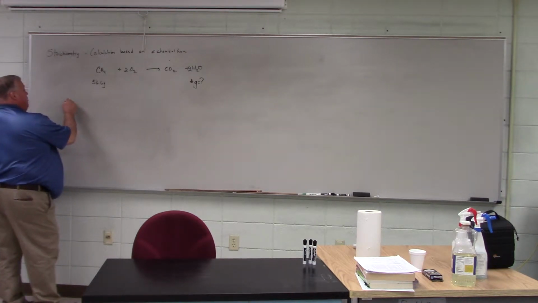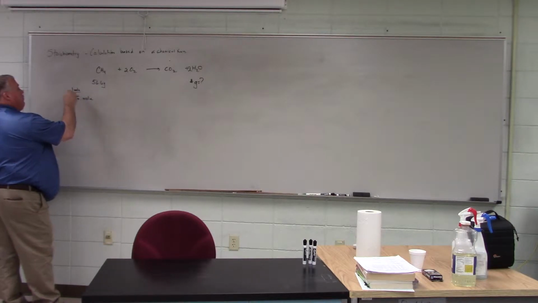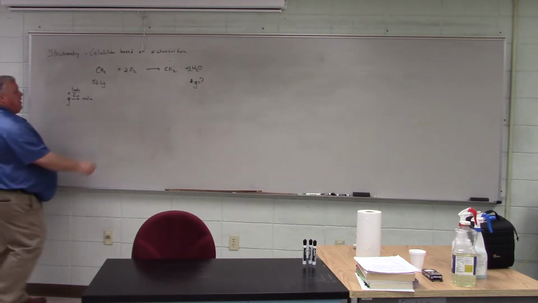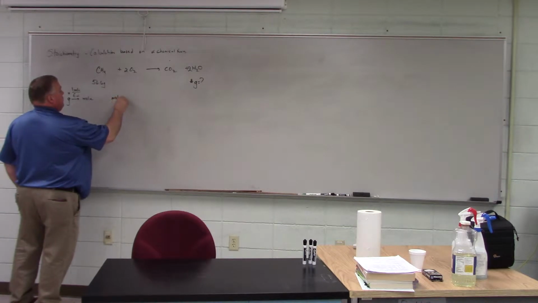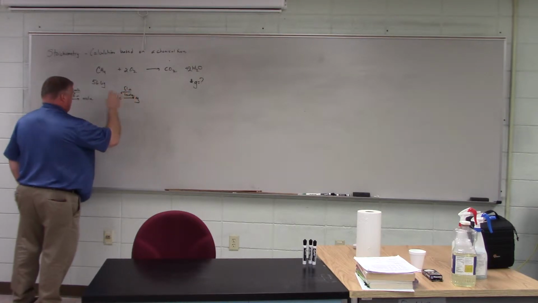So, we know from chapter 2, if we want to go from grams to moles, we multiply by the factor 1 mole over the formula weight. If we want to go from moles to grams, we multiply by the factor of the formula weight over 1 mole.